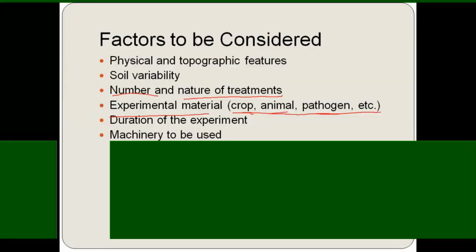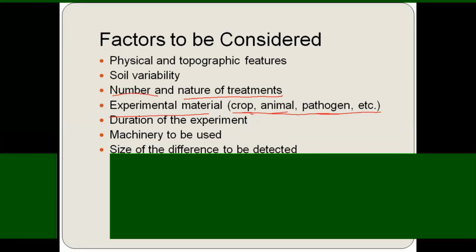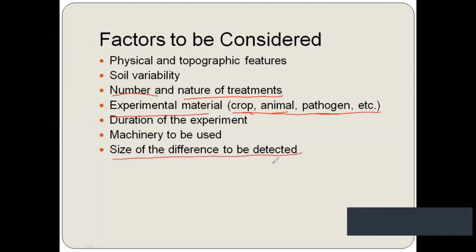Then the duration of the experiment: how long you are going to do the experiment, and what machinery is to be used if you are doing agricultural experiments. Then the size of the difference to be detected. This is one of the important key features. The size to be detected may be very small, slightly larger, or very large.